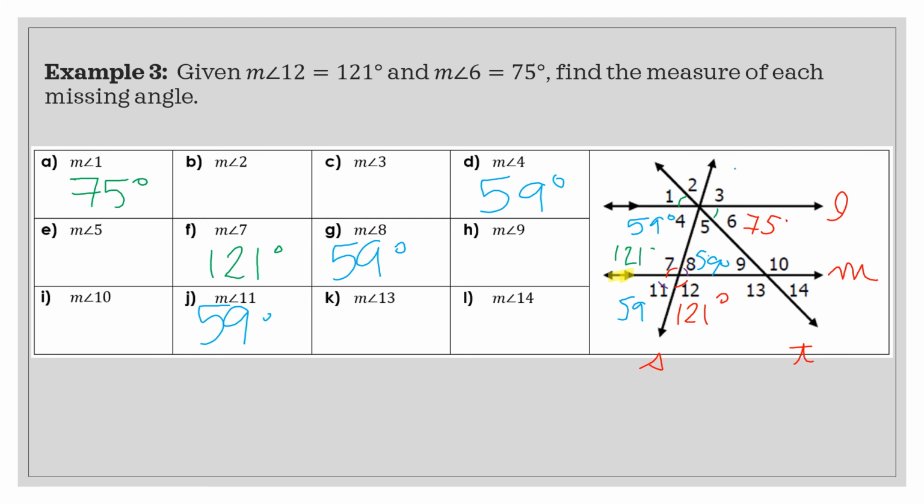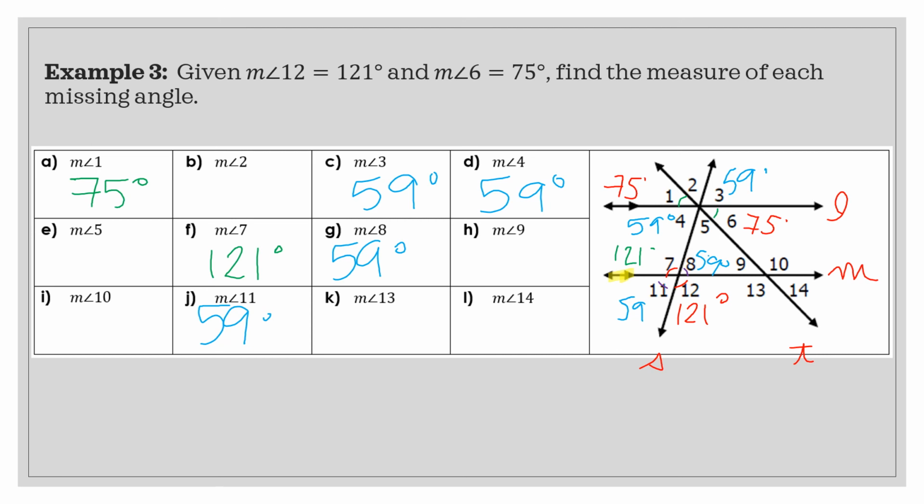And angle 3 is angle 4's vertical angle, so it should also have the same measure of 59 degrees. You can look at 3 and 8, they're corresponding angles, so they should be congruent. We could have found angle 4 by subtracting 121 from 180 because angle 4 and angle 7 should be supplementary. So there are a couple different ways that you could find it using these special relationship pairs.